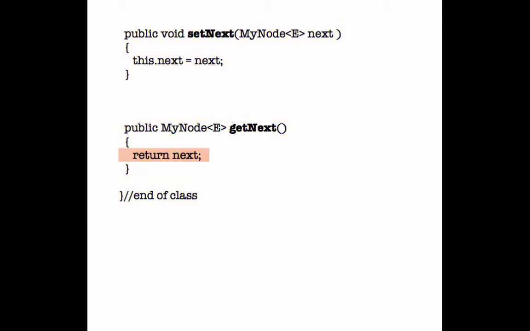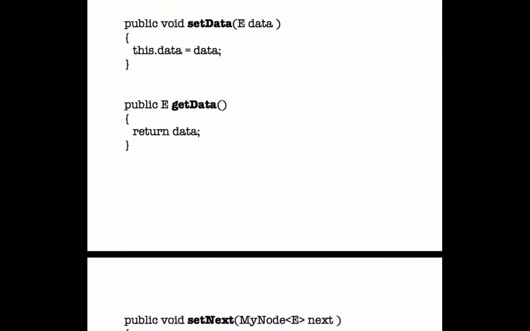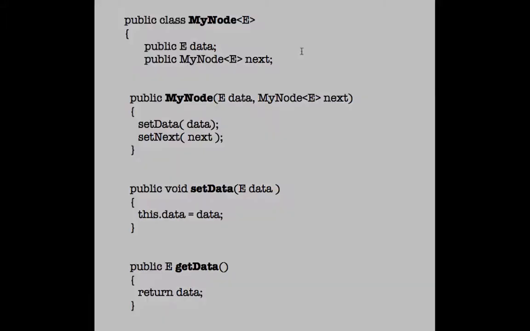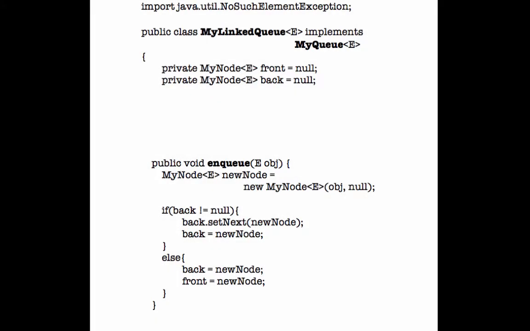So a very, very basic implementation of a node. I have used this class MyNode on different occasions to implement different data structures. Finally, I have the implementation of a queue using a basic linked list.